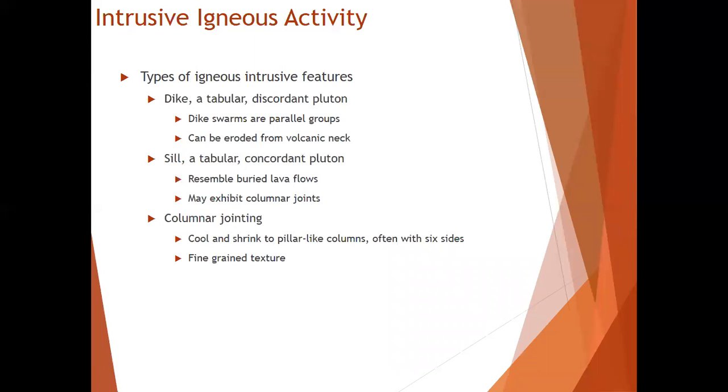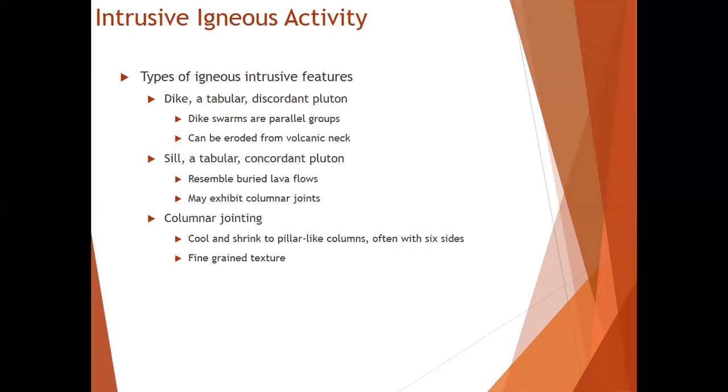We can then further classify these groups. So a structure called a dike is a tabular discordant pluton. They are found in parallel groups to each other, but they are going to be discordant compared to the regular rock around them.